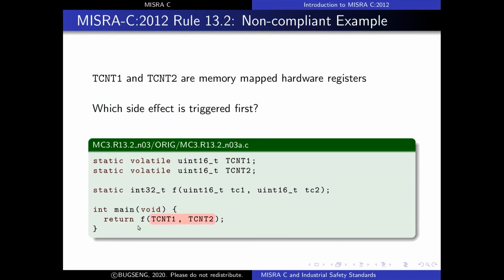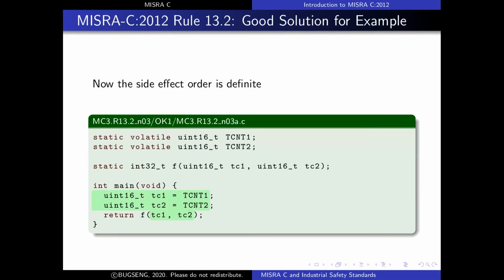So it is unspecified whether in function calls the ordering in which the arguments are evaluated is left to right, right to left, or any other possible ordering, okay? And in this case, since we are accessing volatile variables, it is unspecified whether we trigger the TCNT1 side effect before or after the other one. Okay, what is the solution?